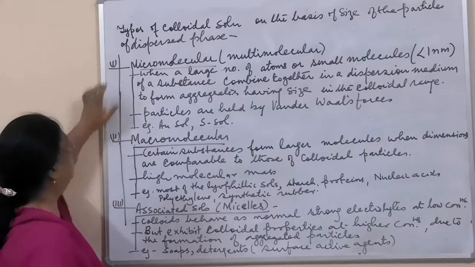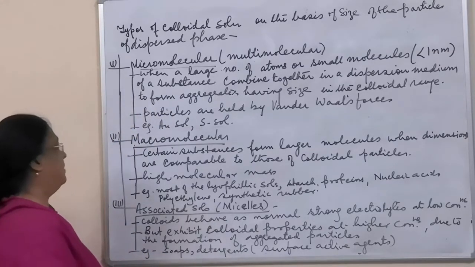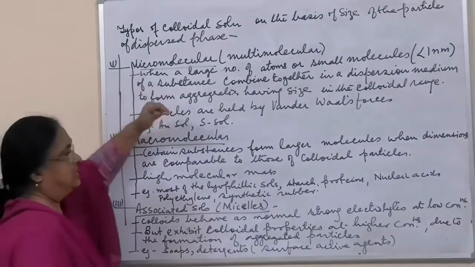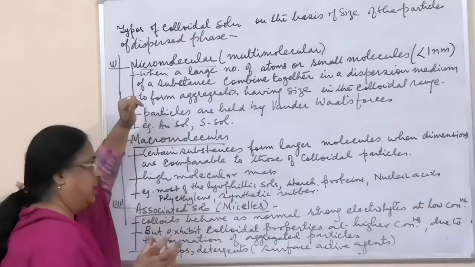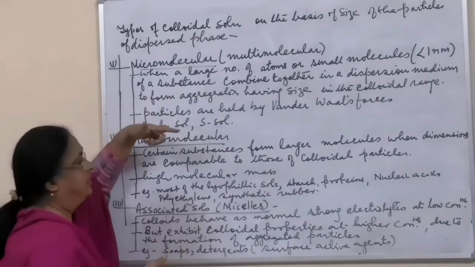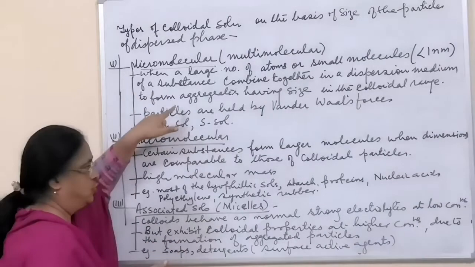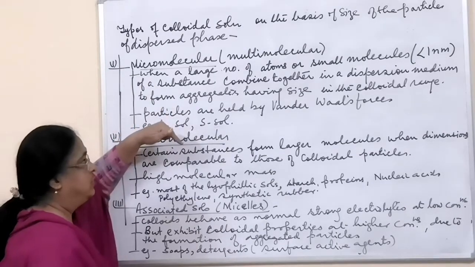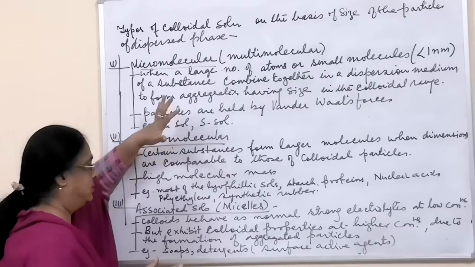The second kind is macromolecular. Macro means bigger. In that case, the molecules are not small, like in this case less than 1 nanometer. They are bigger, bigger than those particles, but still not in the range of colloidal diameter size.